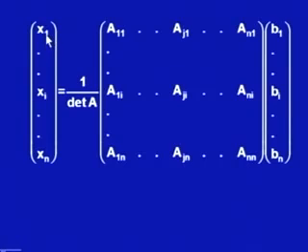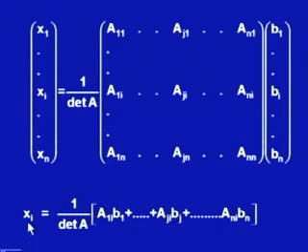If I write down the transpose, then the columns will become rows and rows become columns. So, this is the transpose matrix: A11, A1i, A1n are in the columns now; previously they were in rows, and Aj1, Aji, Ajn are now in columns; previously they were in rows. So, if I perform this multiplication, then xi, the ith component here, is equal to 1 upon determinant A, which is constant, so I am writing it here.